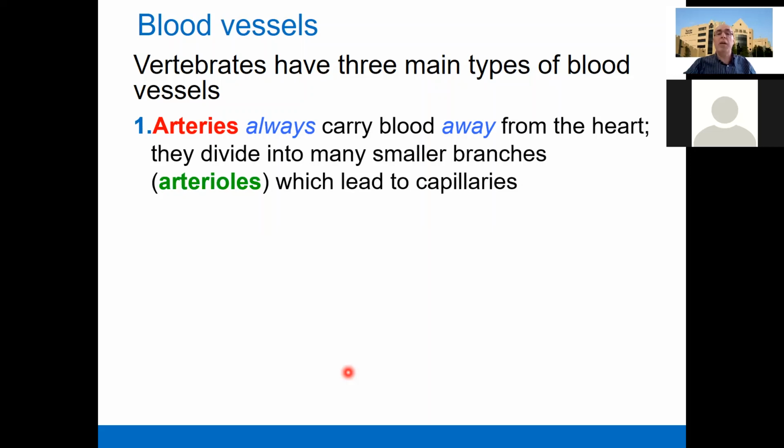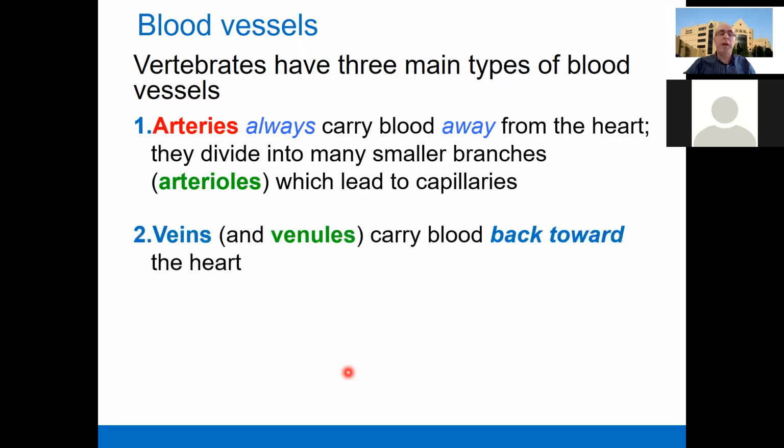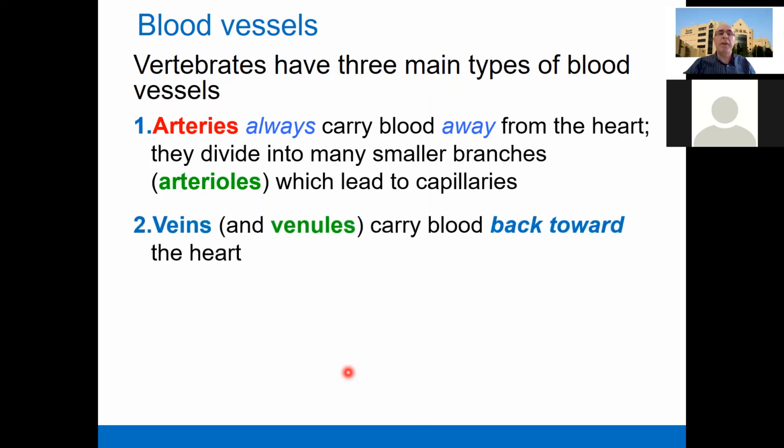Arteries carry oxygenated blood, and we have veins, the second type of vessels, which carry blood back to the heart from our body, which is the oxygen-poor blood. Blood is carried by veins.